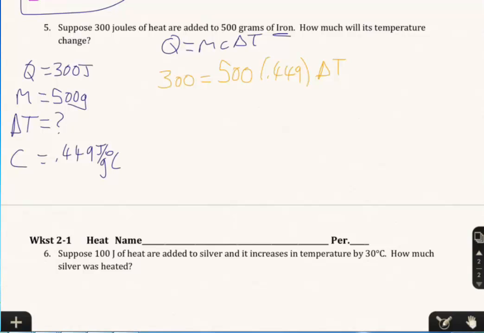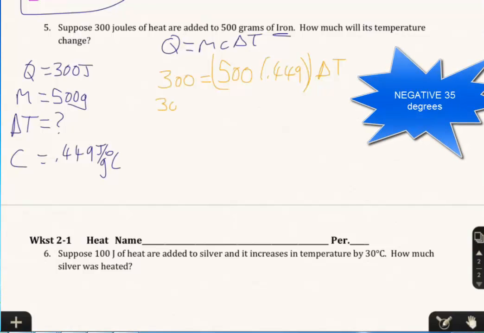Okay? First thing I want to do is I'm going to go ahead and multiply these two terms together. So I take 500 times 0.449 and I get 224.5. So I rewrite my equation. 300 equals 224.5 delta T.